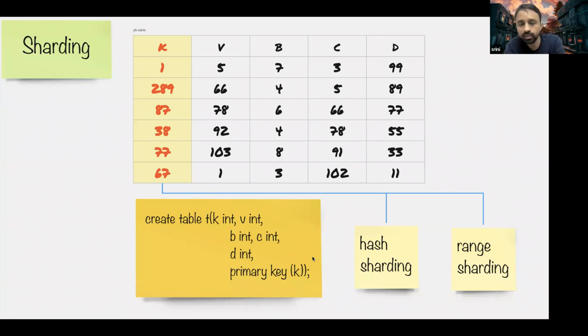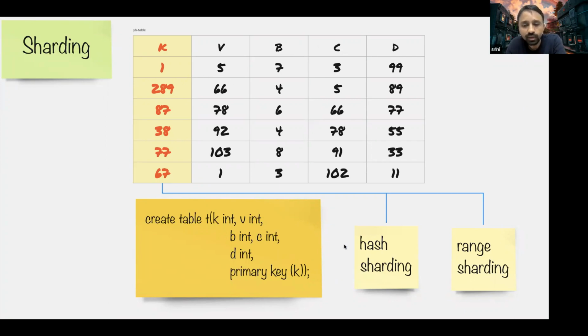But once that technique is applied, a single table is going to get sliced into n number of shards, and it's going to get distributed across, right? What you're looking at in the frame is a table with n number of rows and columns. In this case, this is a table named T and K being the primary column, and you have other columns as well, B, C, D, right?